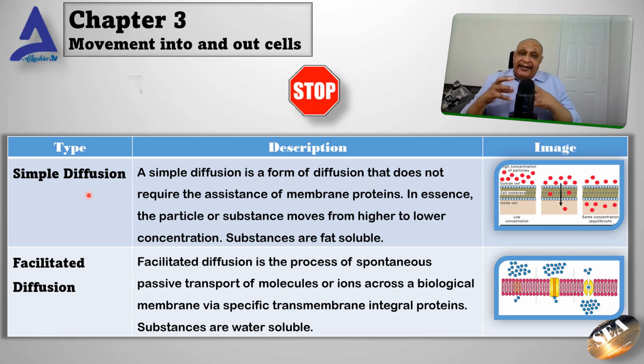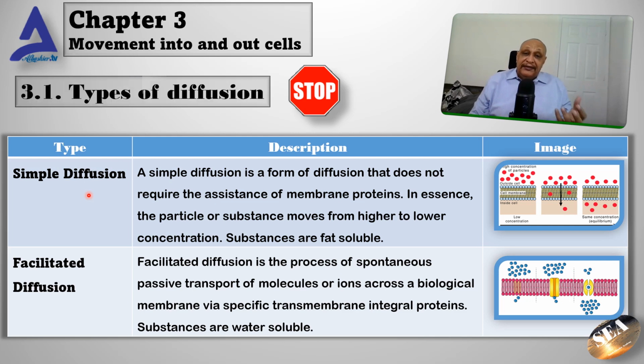So the simple diffusion takes place without taking care of the membrane proteins. In essence, the particles or substances move from higher to lower concentration without any help of membrane proteins. And this is very, very important.